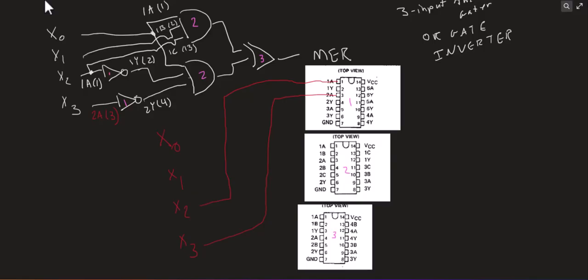So that's X0 going into pin 1. X1 is going into pin 2. And X2 is going into pin 13.